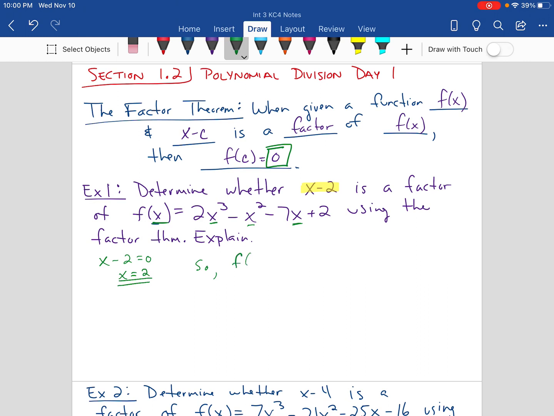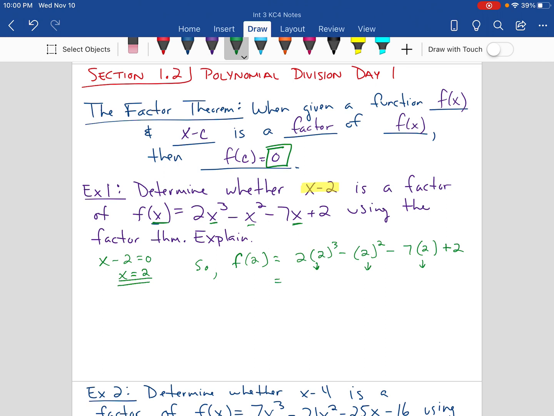So f of 2 is equal to 2 times 2 cubed minus 2 squared minus 7 times 2 plus 2. Okay, so now you can go one at a time and evaluate these and then add or subtract them, but you don't have to do that.